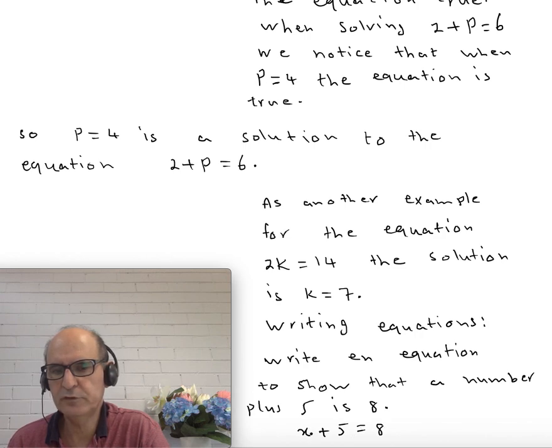So the solution to this equation is x equal to 3. In future lessons, however, we will learn how to solve them algebraically, because it's not always possible to solve an equation just by inspection and only by looking at them.